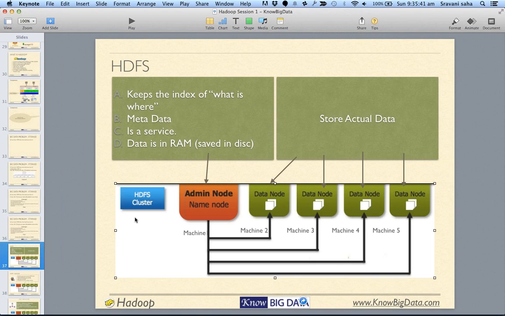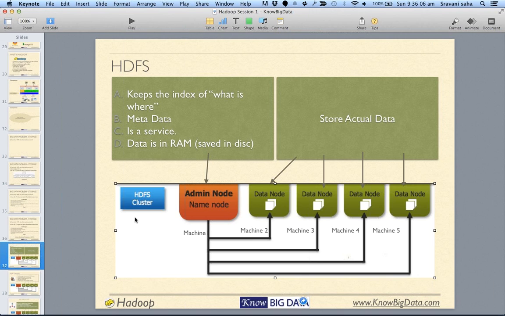These are multiple computers. In this cluster there will be one machine running a name node, and the rest of the machines will be running a data node process.